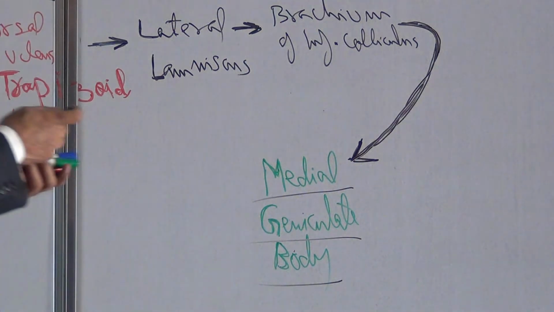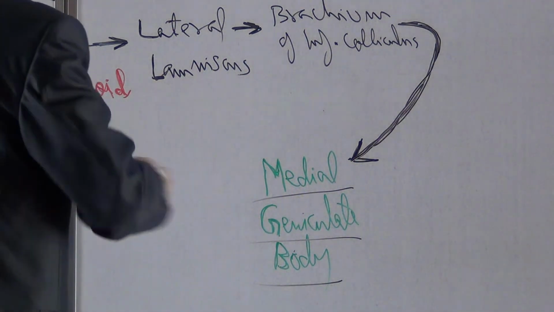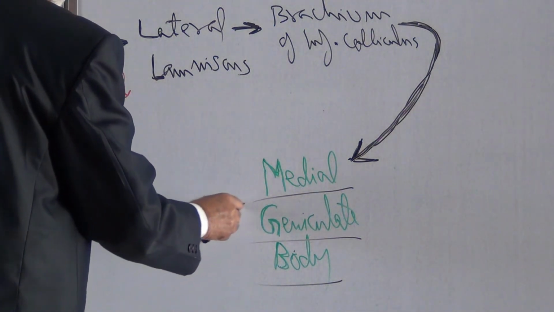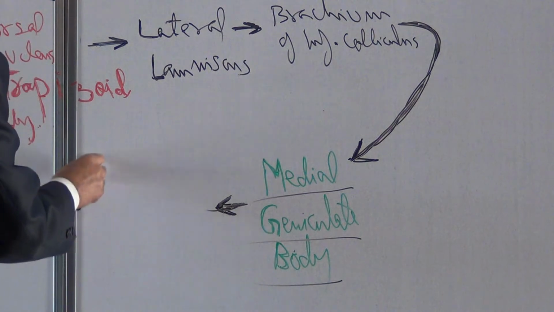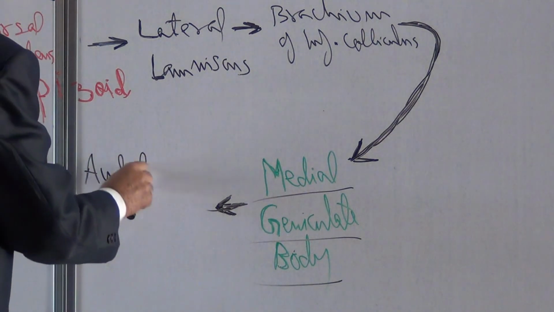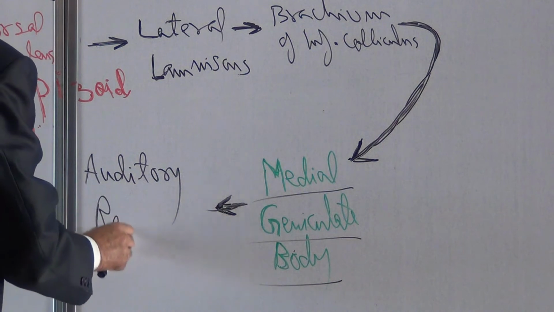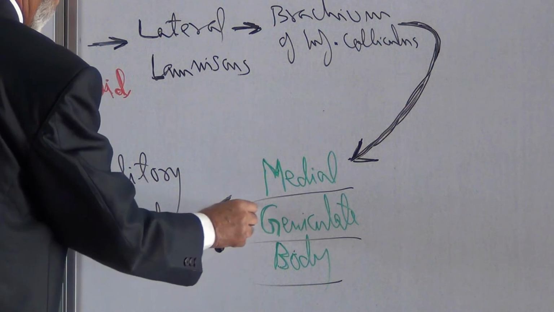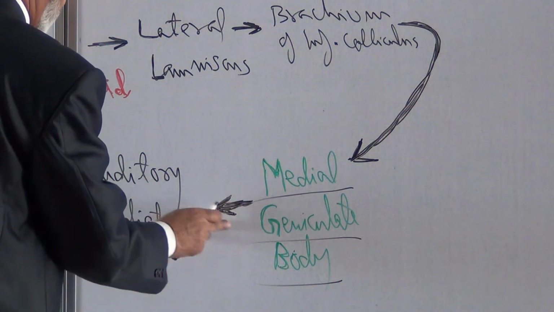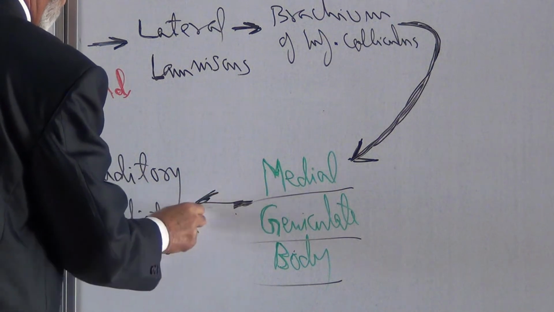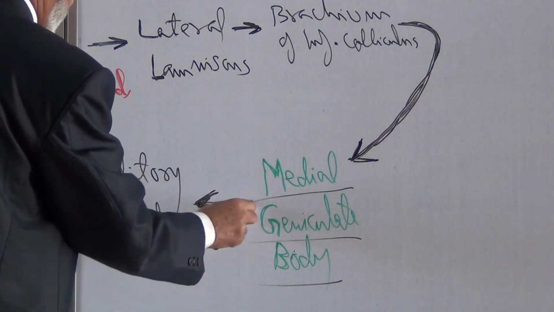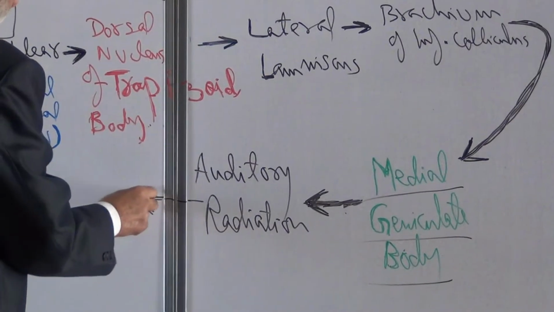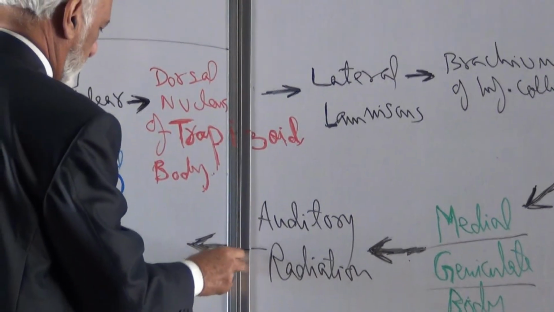Medial geniculate body. From the medial geniculate body, the fibers arise in the form of auditory radiation, just like optic radiation in the visual pathway.